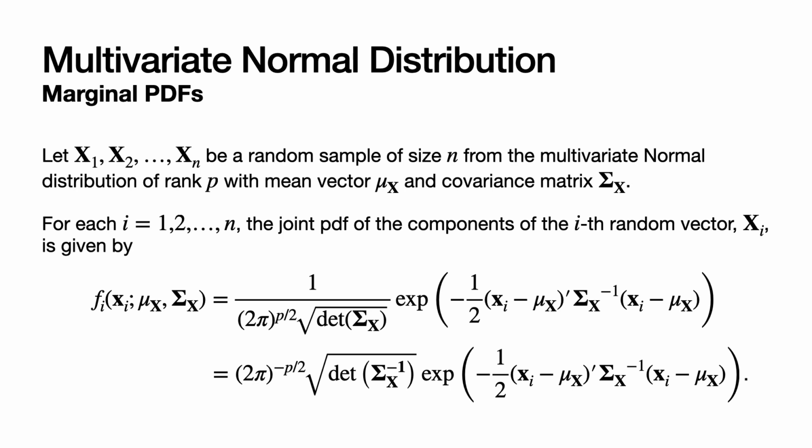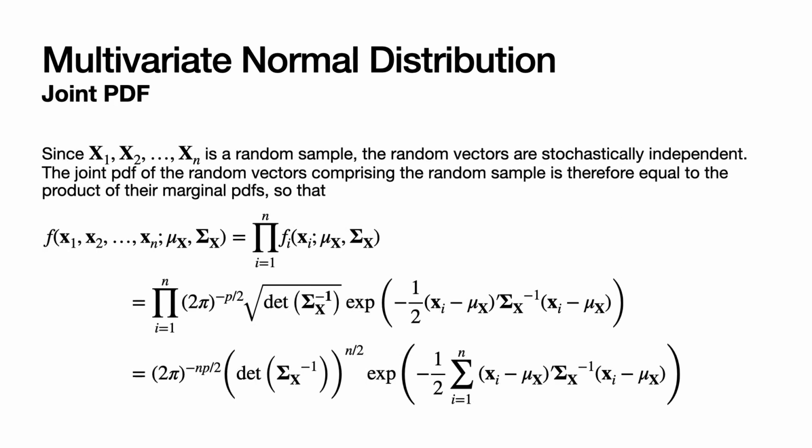For each i going from 1 up to n, the joint PDF of the components of the ith random vector bold x sub i is denoted by lowercase f subscripted with i, with an expression shown here on the right-hand side of the equality, and we can write it in a couple different ways as shown here. Since bold x1, bold x2, and so forth up to bold xn is a random sample, the random vectors are stochastically independent.